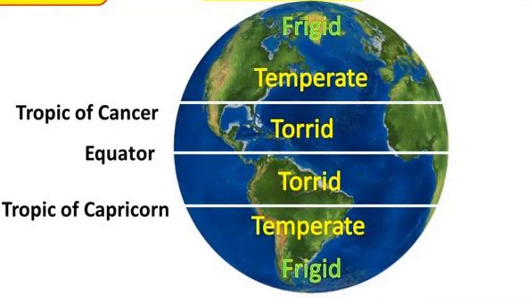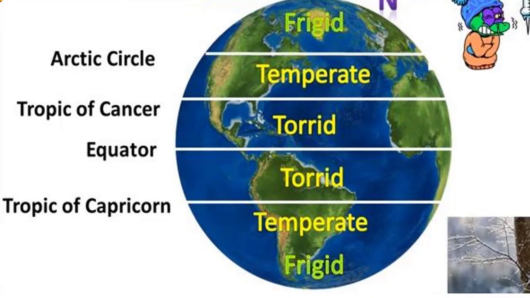The frigid. Frigid means very cold. From the Arctic Circle to the North Pole in the northern hemisphere and the Antarctic Circle to the South Pole in the southern hemisphere.